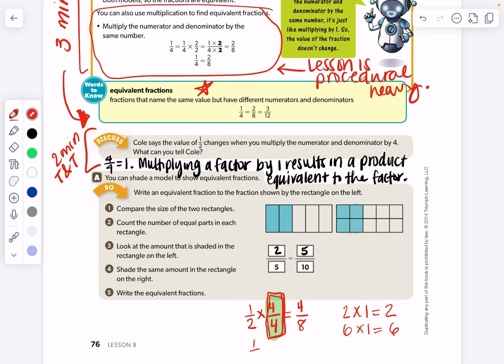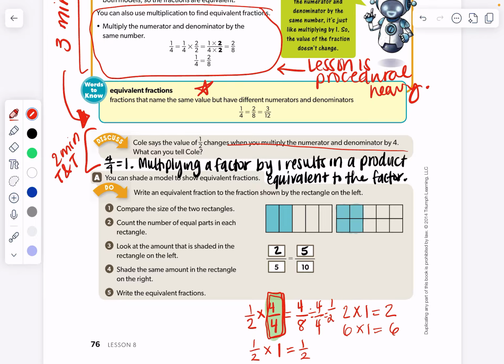So this is saying the same as 1/2 times 1 whole is still 1/2. If I were to go ahead and simplify 4/8 by dividing it by 4 again, dividing it by 1, I would still get 1/2. So because I multiplied 1/2 by 1 whole, my value doesn't change, right?